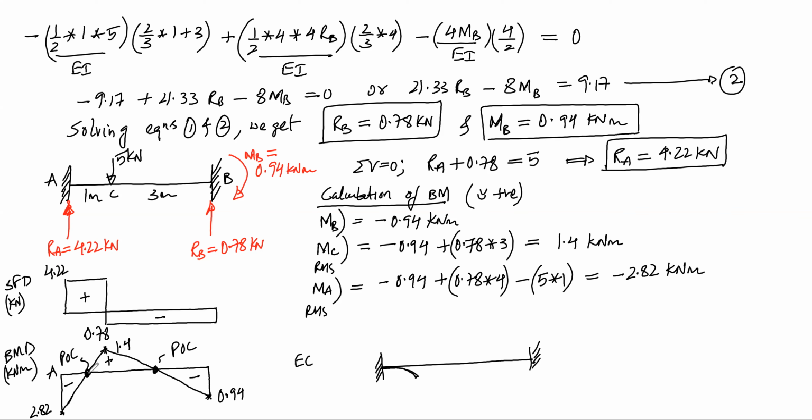From this point till here it is sagging, so it has to sag, and from this point till point B it is hogging, so it has to hog again. And these are the points of contraflexure. This is the elastic curve. So this is the second example in fixed beams. Keep following for more examples.